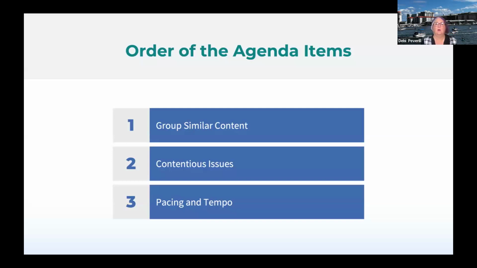I have debates all the time about contentious issues. Should we have them early in the agenda when people are just getting there and have more energy? Or is a contentious issue going to lead to someone jumping up from the table and saying, I give up, you people are hopeless, and we lose quorum? So maybe you want to have contentious issues towards the end.